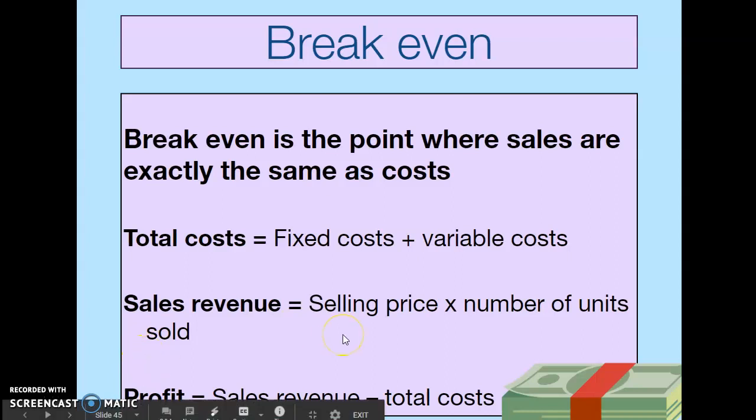So if I was to make so many pizzas and sell them in my street, I would be selling each of my pizzas, let's say, for €3. And my sales revenue would be the €3 I've set the price at, times the number of pizzas I'm selling, because it's very intuitive.